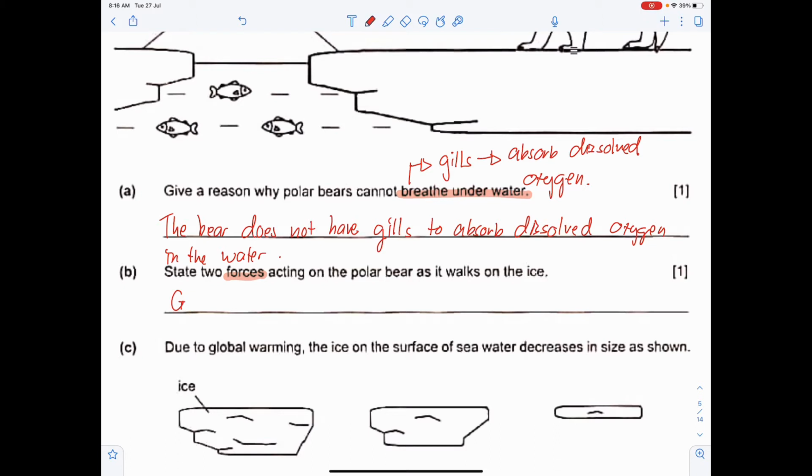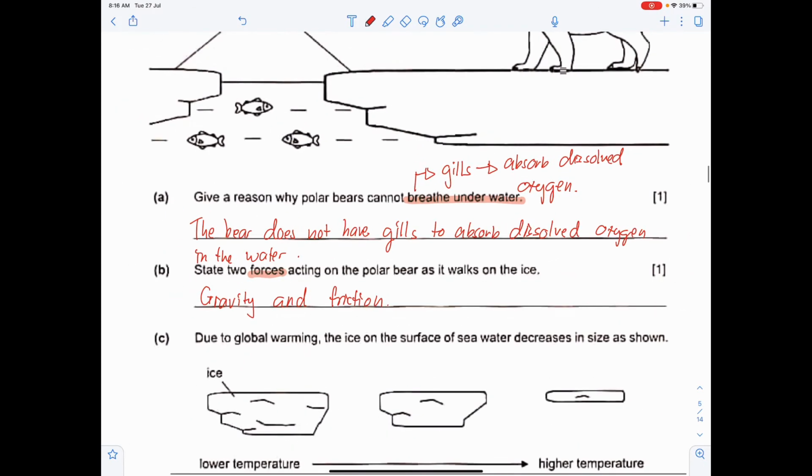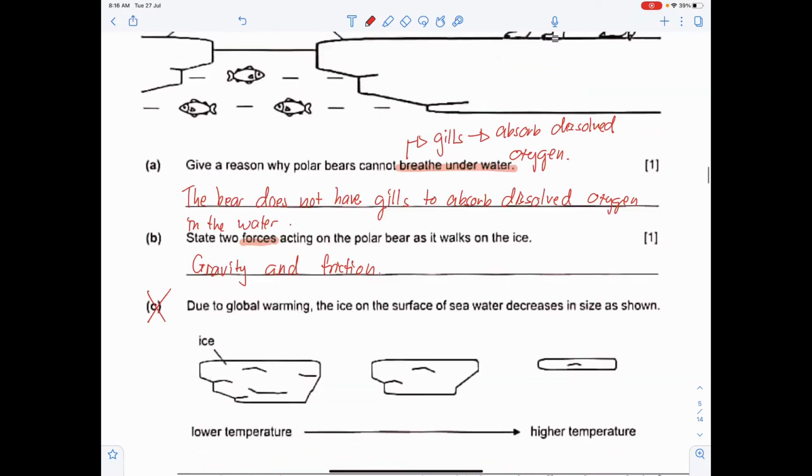So make sure you annotate it. So it's gravity and friction. Because without friction, there is no grip on the floor, and you'll never be able to put one foot forward in front of another. Alright, we're crossing out C. Next.